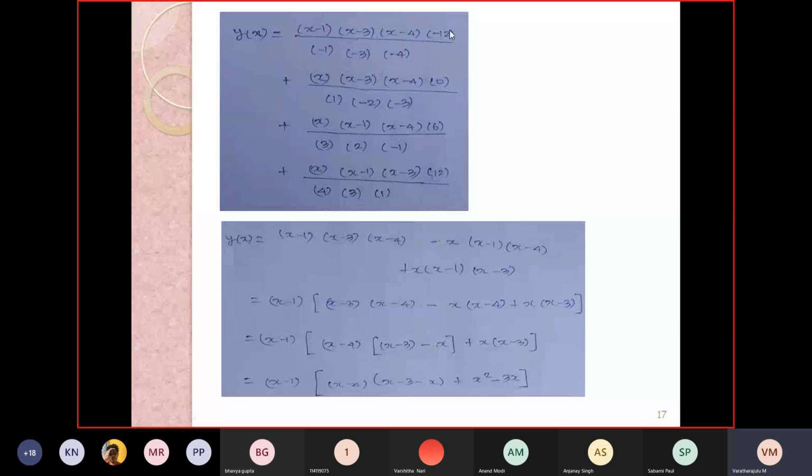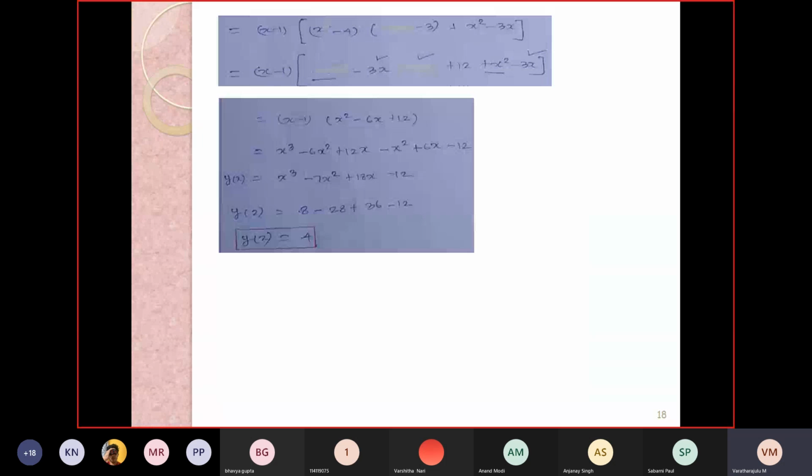Here minus 12 and minus 12 get eliminated, and here 6 and 6, here also we have 12 and 12, and therefore we don't have any denominator. And by doing the simple calculation, you will get y of 2 is equal to 4.